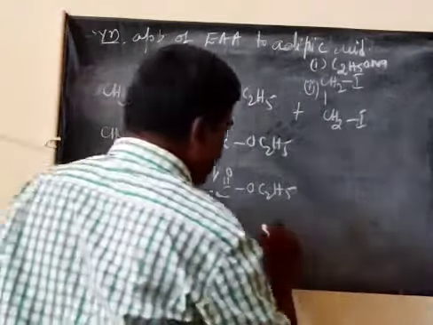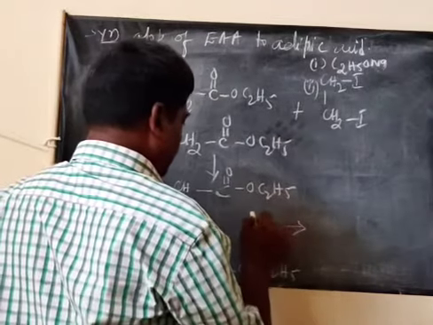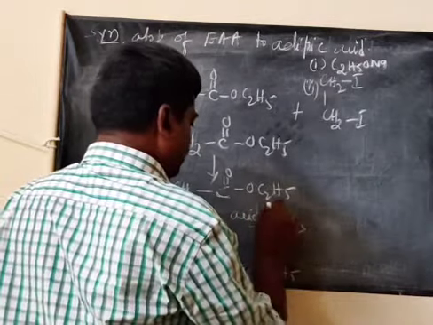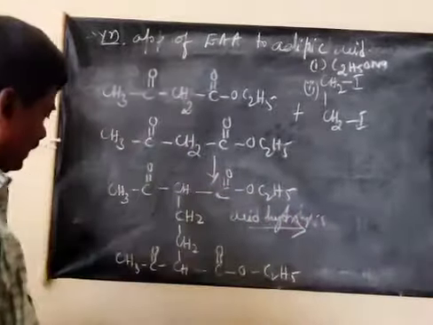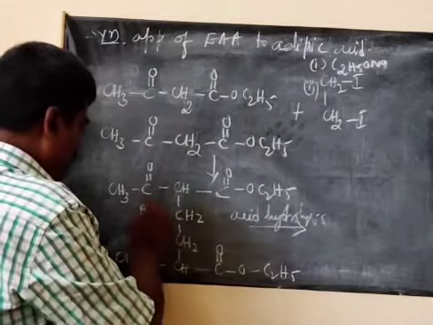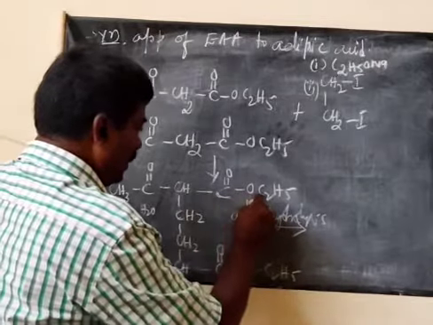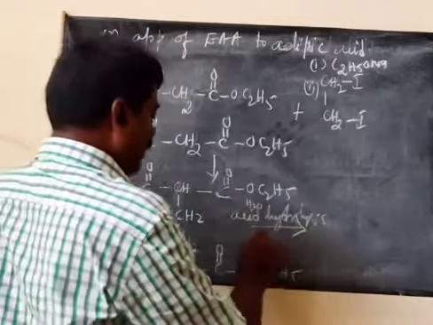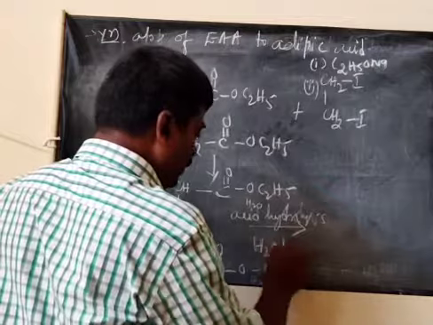So this on acid hydrolysis. See here, 4 molecules of water are used: 1 molecule of water here, another 1 molecule here, another 1 molecule here. So 4 molecules in all. Acid hydrolysis, or one can write H2O, H plus.